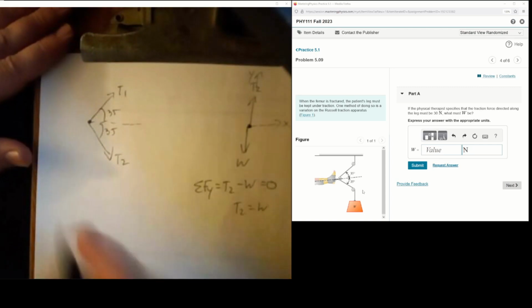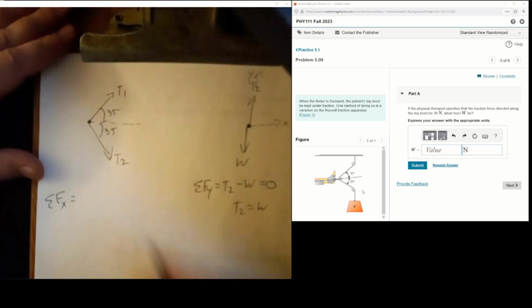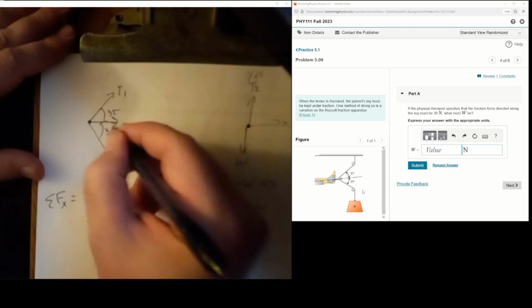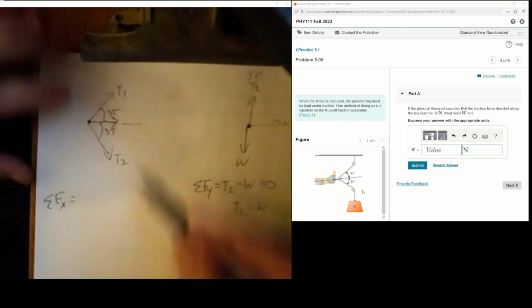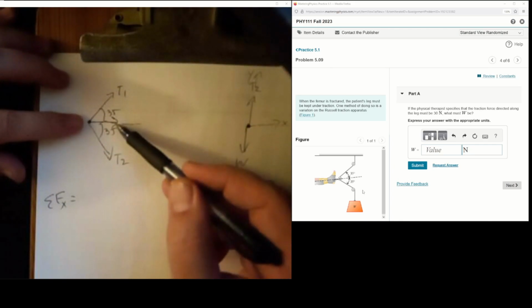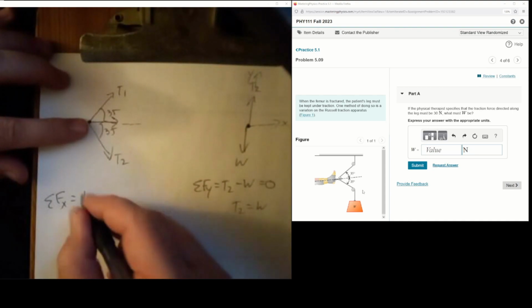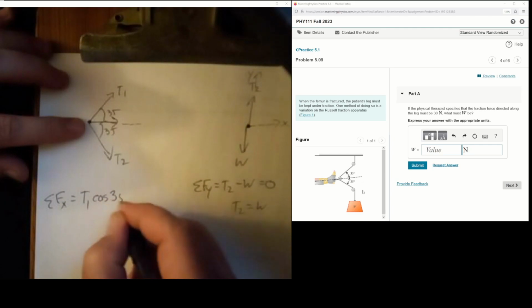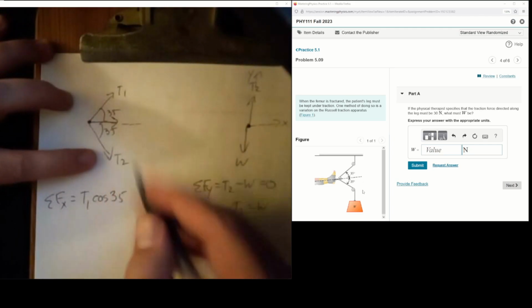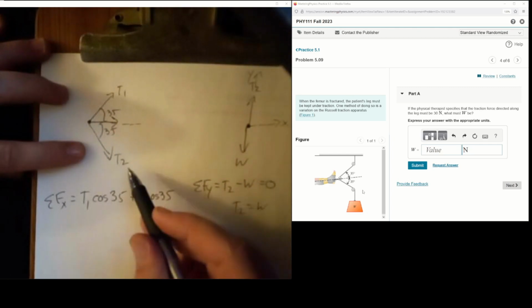On the foot, if we sum the forces in the x direction, we have two components pointing to the right, one from T1 and one from T2. Both the adjacent leg, what gets us adjacent is going to be cosine. So we got T1 cosine pointing to the right, and we also have T2 cosine pointing to the right.